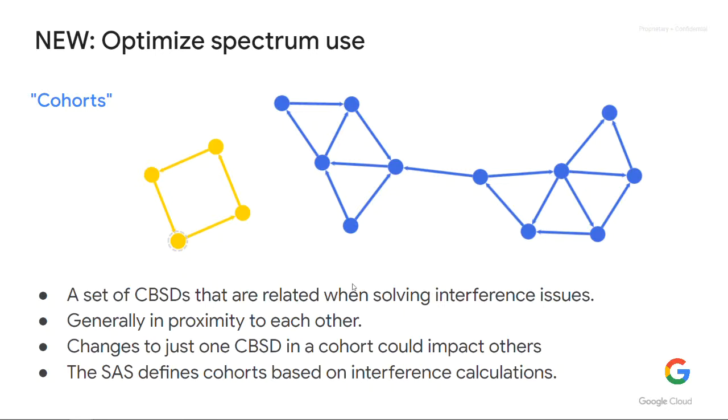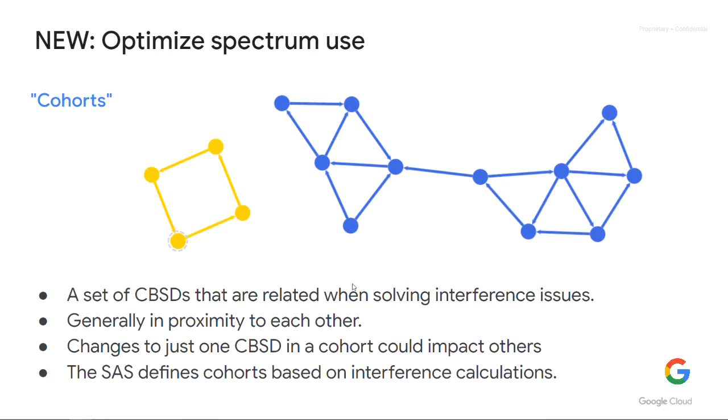So in this little graphic here, we have 2 cohorts. There's 4 CBSDs in the yellow cohort on the left. We'll call that number 1. And then the blues, all of those are linked together as a second cohort. They're different CBSDs grouped together.